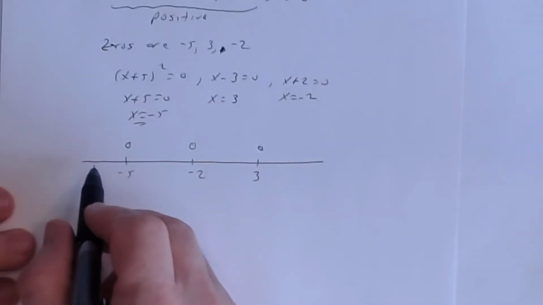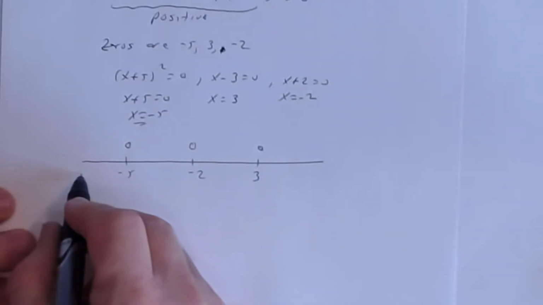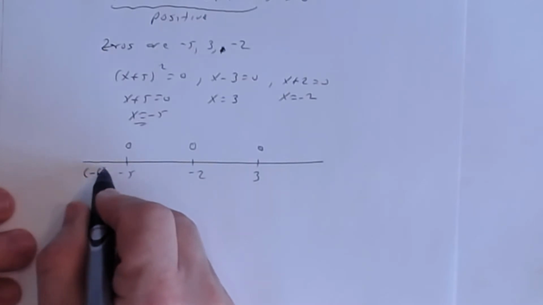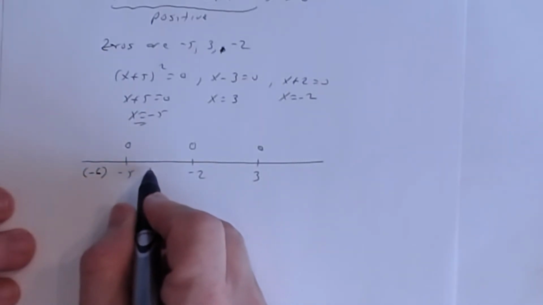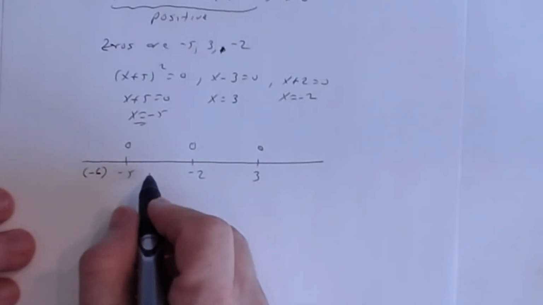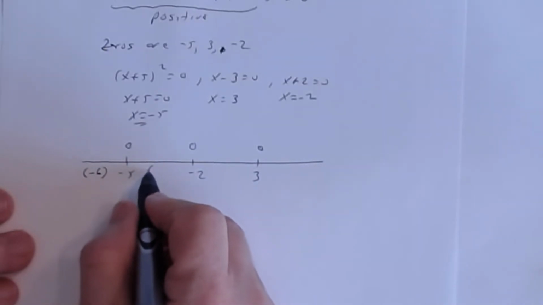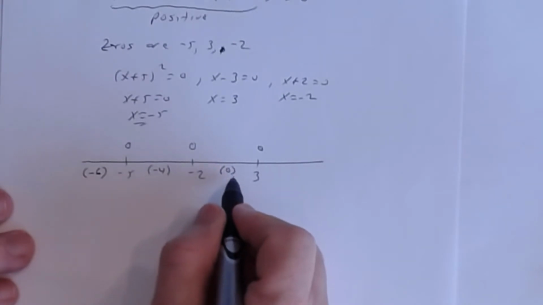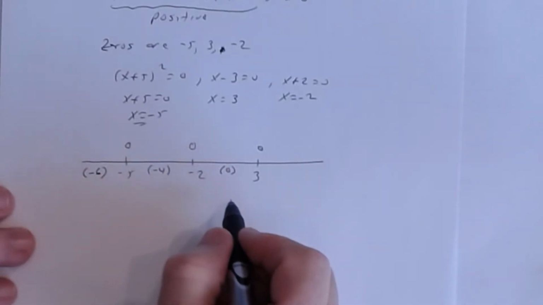So that's what we're trying to determine using a test point. So I'm going to use a test point, let's say between negative infinity and negative 5, let's say negative 6. And then over here, it's always easiest to use an integer if possible. So I'm going to use negative 4 here. And then here, I'm going to use 0. 0 is also easy to use if you can use it as a test point.